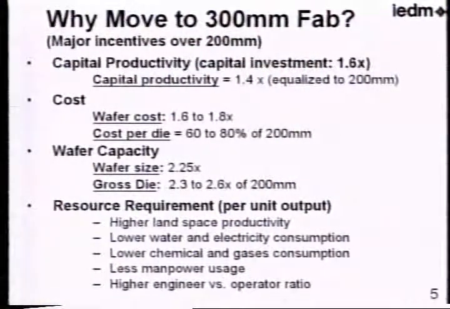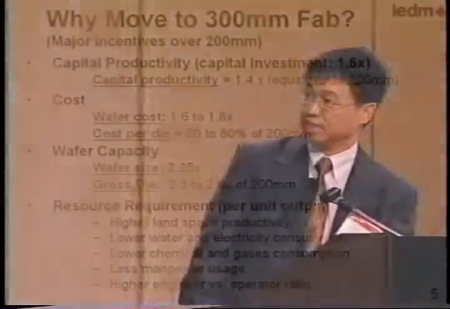In general, today, the capital investment to build a 12-inch fab is about 1.6 times that of building an 8-inch fab counterpart. But the wafer size, we know, is 2.25 times between 12 and 8-inch. So use 2.25 divided by 1.6, and you know your capital productivity is 1.4 times. So that's quite an incentive.